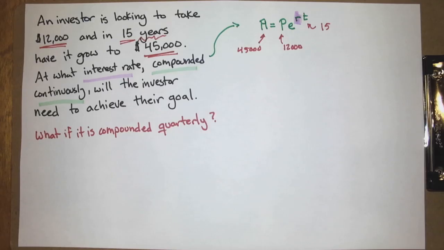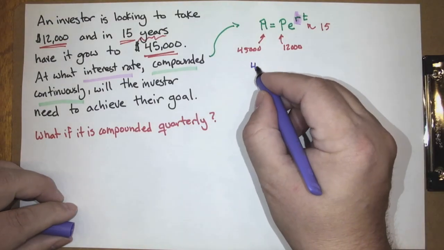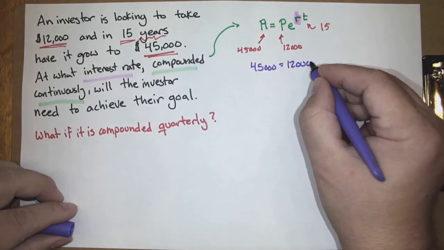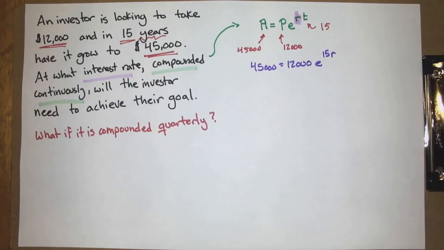Everything else we know. So life is good. We have the following situation: 45,000 is equal to 12,000 e to the 15r. And we need to get r by itself.